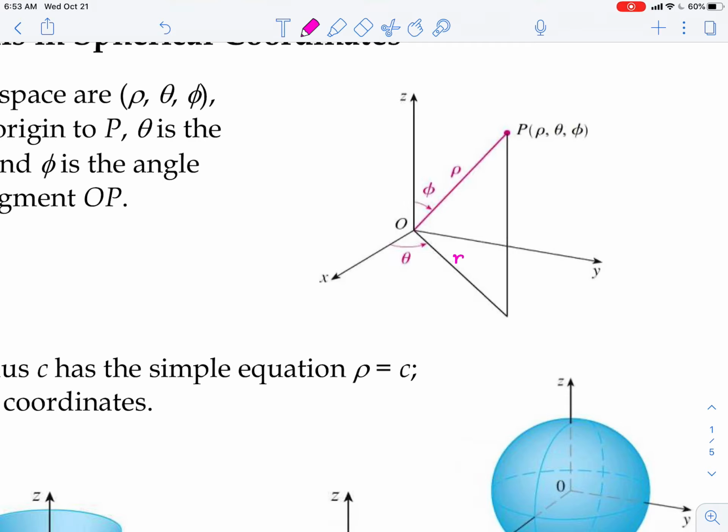That's what rho is, the distance to the actual surface of our functions. Now phi is the angle from the positive z-axis, and it has to be between 0 and pi.